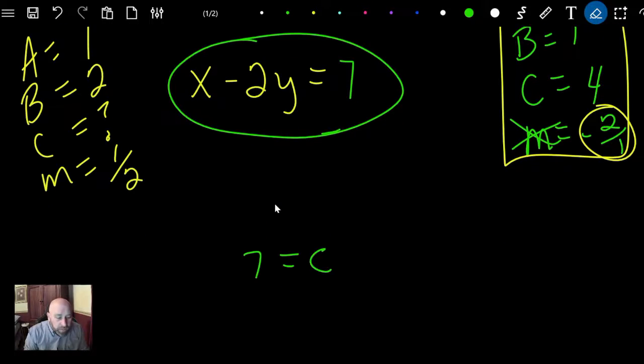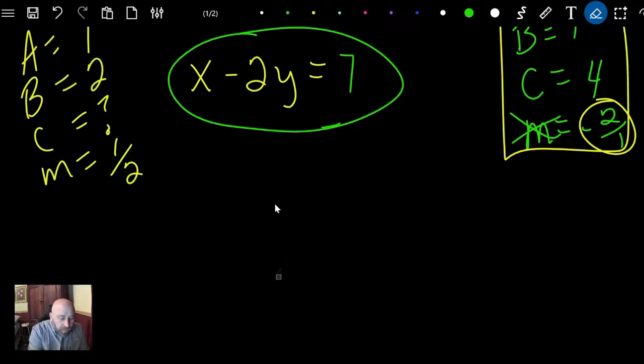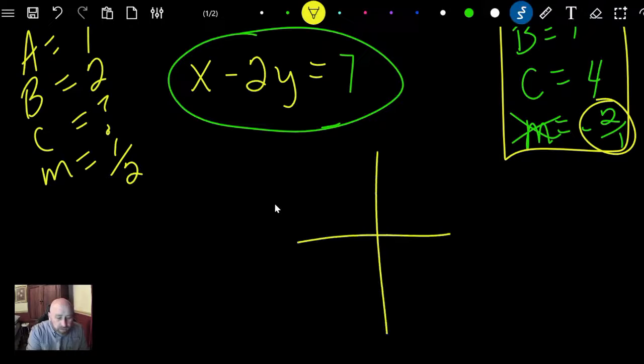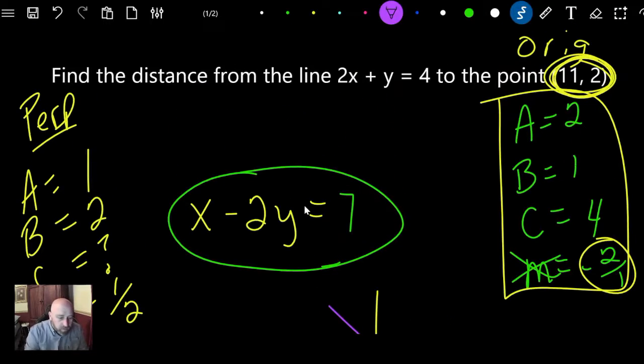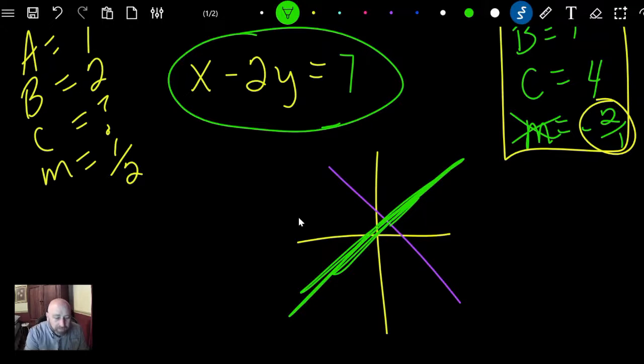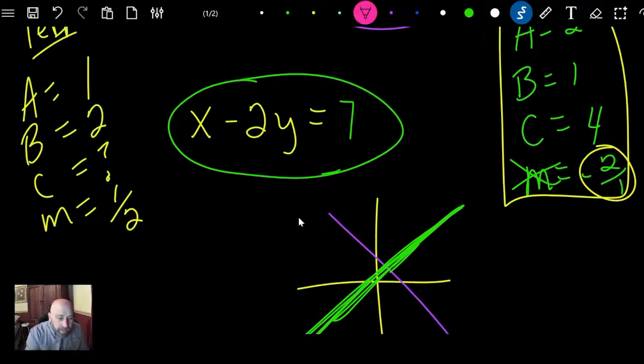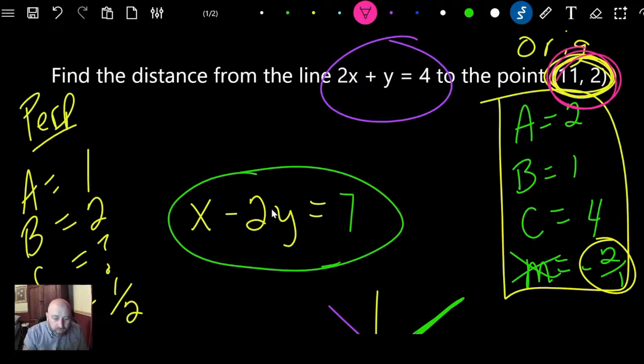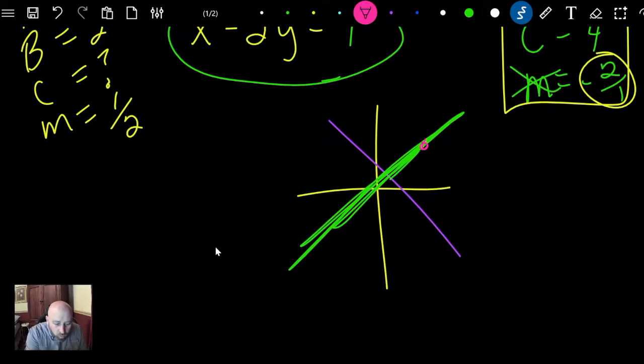In other words, what we have right now is our two lines. So here's our x. We have this line. So that was the original equation right there. And then we have this new one. I'll color this one green because that's what I did in the other one. So now we have this line. The other thing that we have, because of this point, the original point right here, is we know where this one starts.